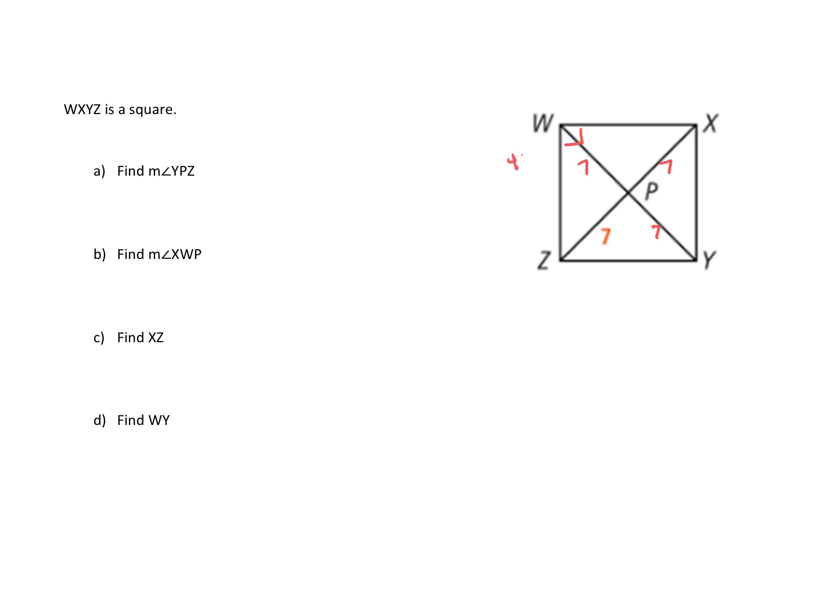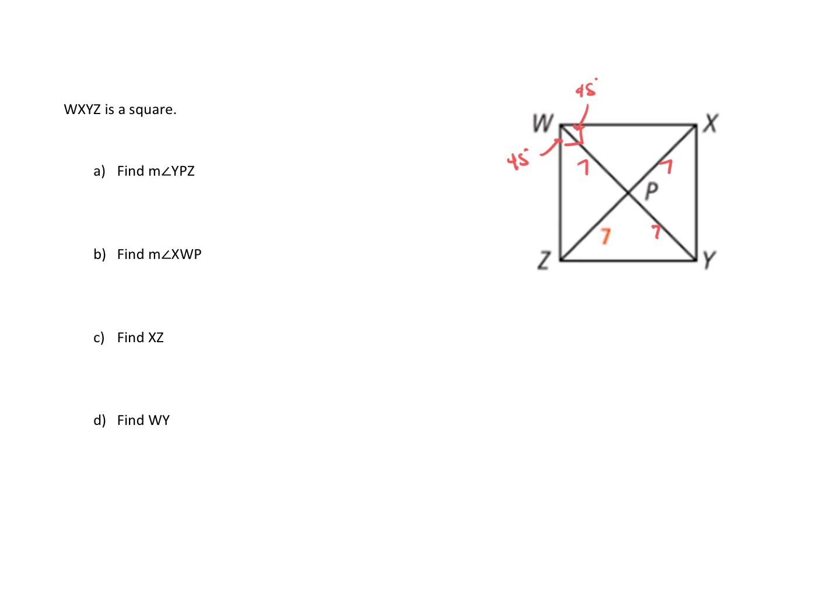So that gives us 45 degrees at each angle, two 45-degree angles. So if this is a 90-degree angle because it's a square, this diagonal right here coming in bisects that, cuts the 90 degrees in half, so you have 45 and 45. If you go around the whole square, where those diagonals are coming in, it creates two 45-degree angles, 45, 45, 45, 45.